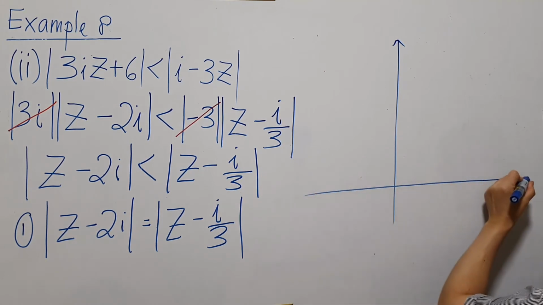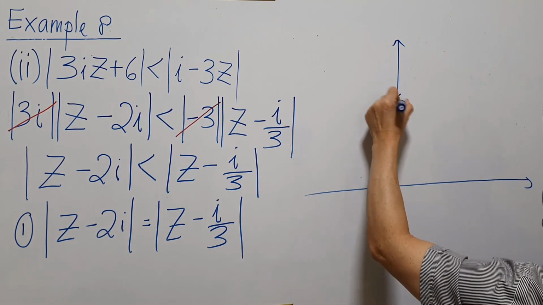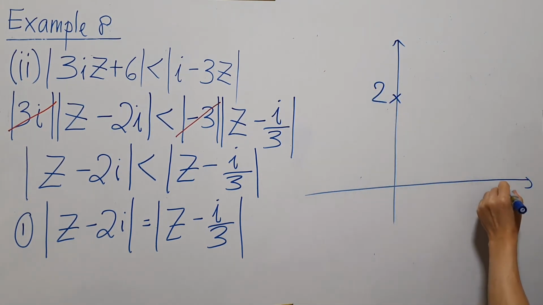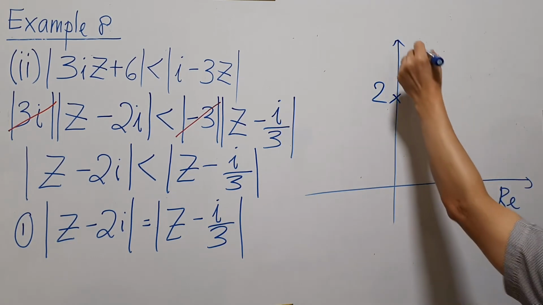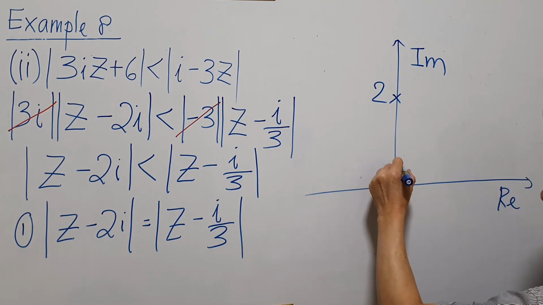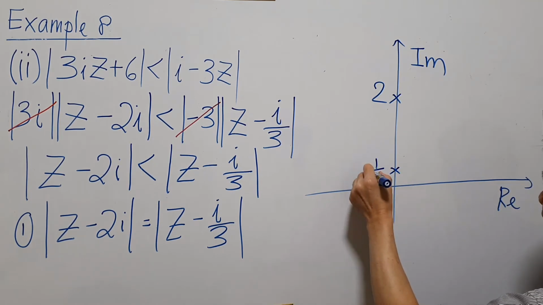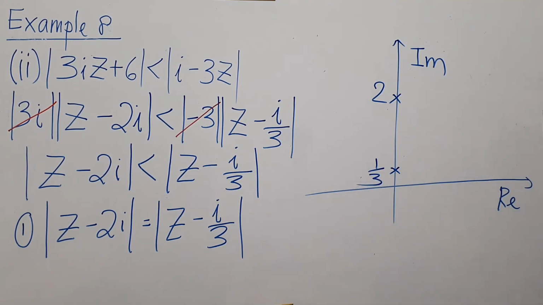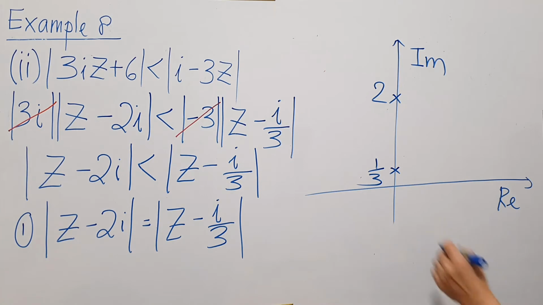Let's mark the point 2i on this real axis and this imaginary axis. And let's mark the other point 1/3. If this is equality, you have a perpendicular bisector between these 2 points.